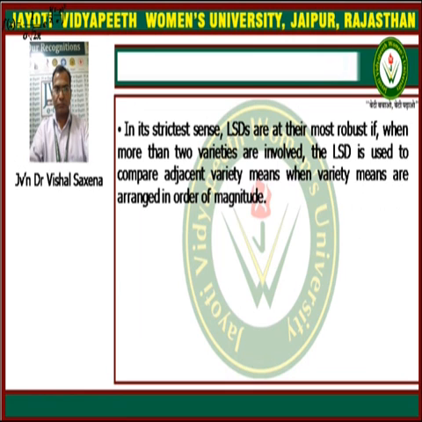In its strict sense, LSDs are at their most robust when more than two varieties are involved. The LSD is used to compare adjacent variety means when variety means are arranged in order of magnitude.